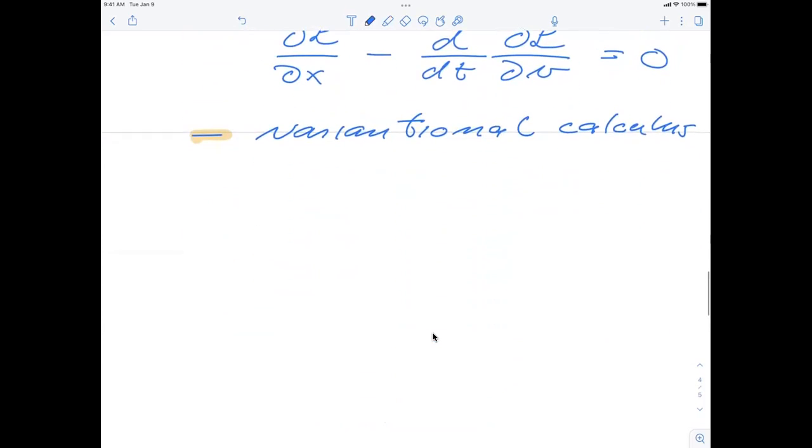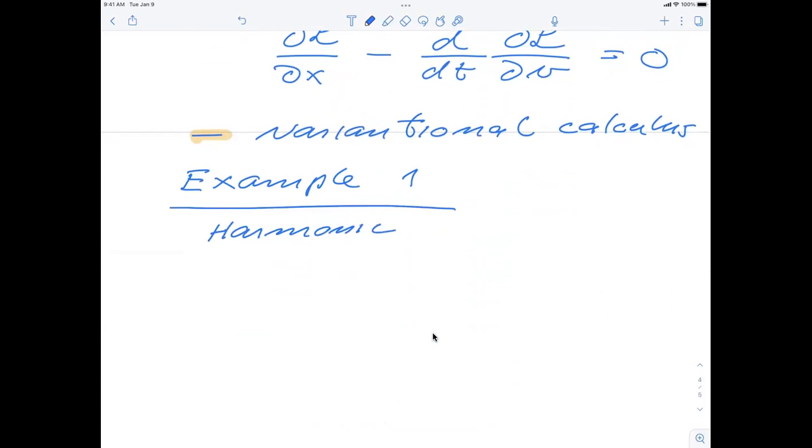Okay, so let's take an example and use these Euler-Lagrange equations on the harmonic oscillator. So what we have now is a standard harmonic oscillator, which means that we have, in one dimension, a kinetic energy, which is just 1/2 m v squared.